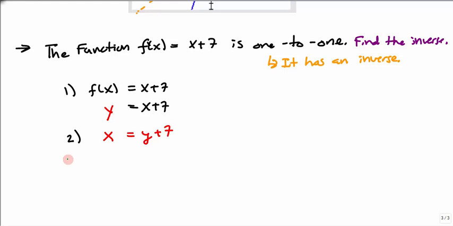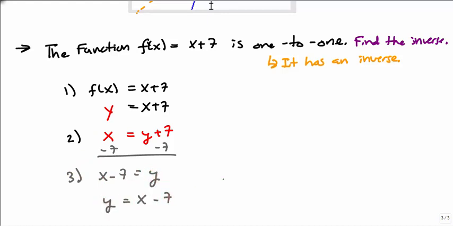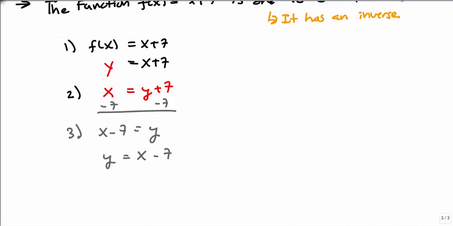My next step is to solve for y. I would solve for y by subtracting 7 from both sides. So here, for my third step then, I'd have x minus 7 equals y. I'm going to rewrite this so the y is on the left. And then my fourth step would be to replace the y with f inverse notation.